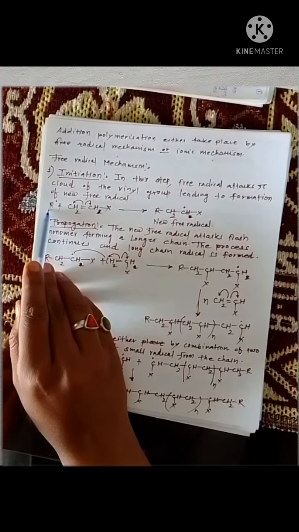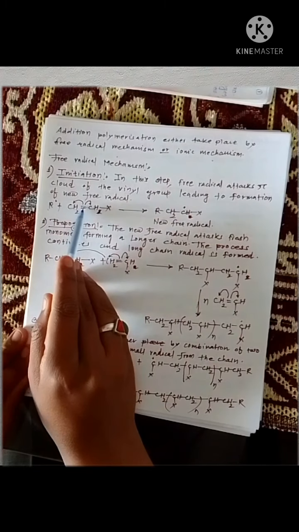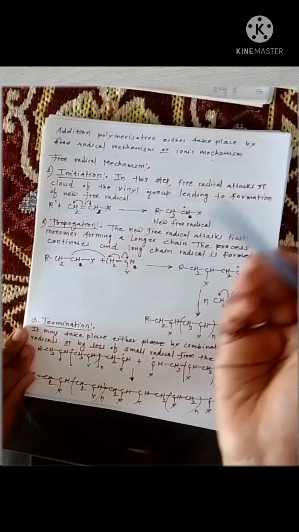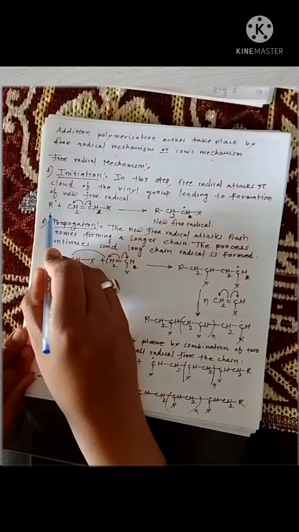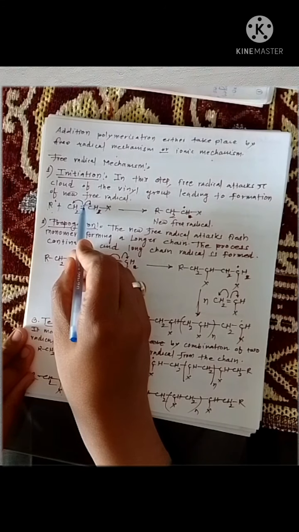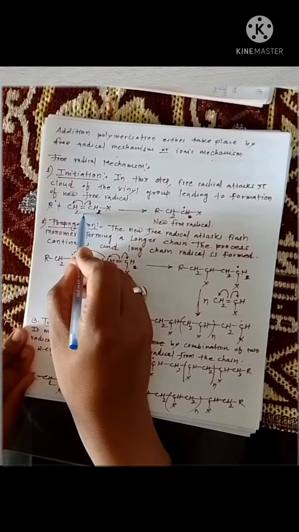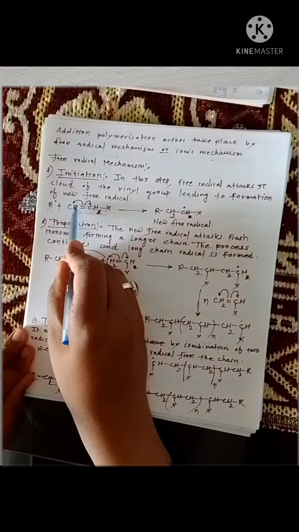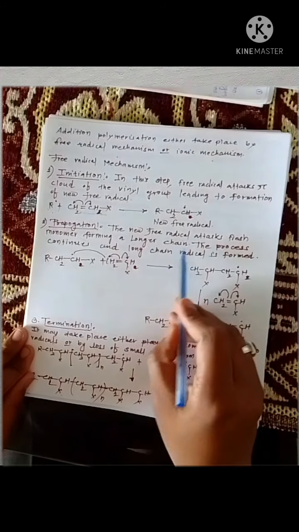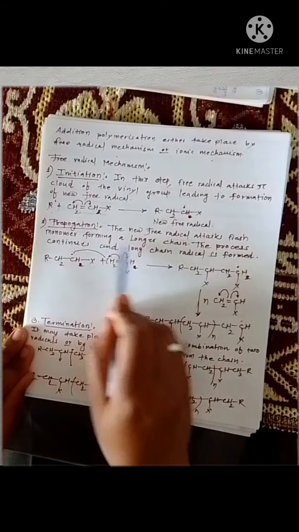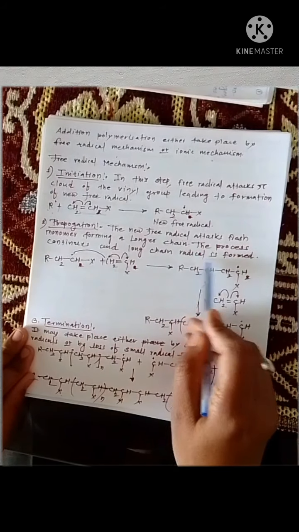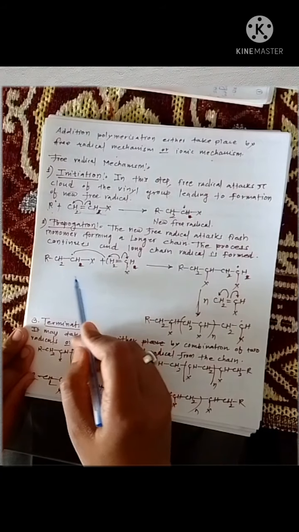Just see here, this is the free radical which attacks the pi electron cloud of your vinylic group, leading to the formation of a new free radical. In the propagation step, the new free radical attacks a fresh monomer, forming a longer chain. The process continues and a long chain radical is formed. This process is repeated again and again.